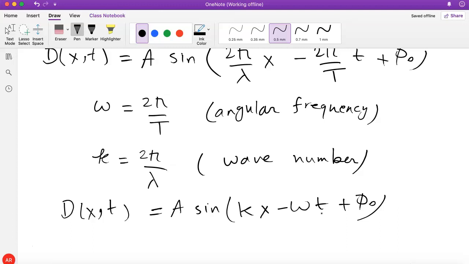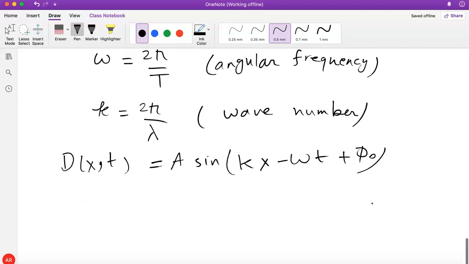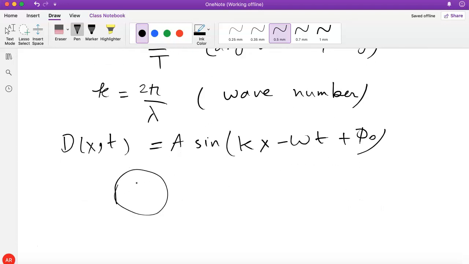There's also a little bit of a different convention used in the book, so I'm going to stick with this convention. We basically have the choice of picking the sine and cosine, right? Because we have this arbitrary phase constant phi naught. So for example, if that's theta, from here to here we have theta plus pi over 2, right?